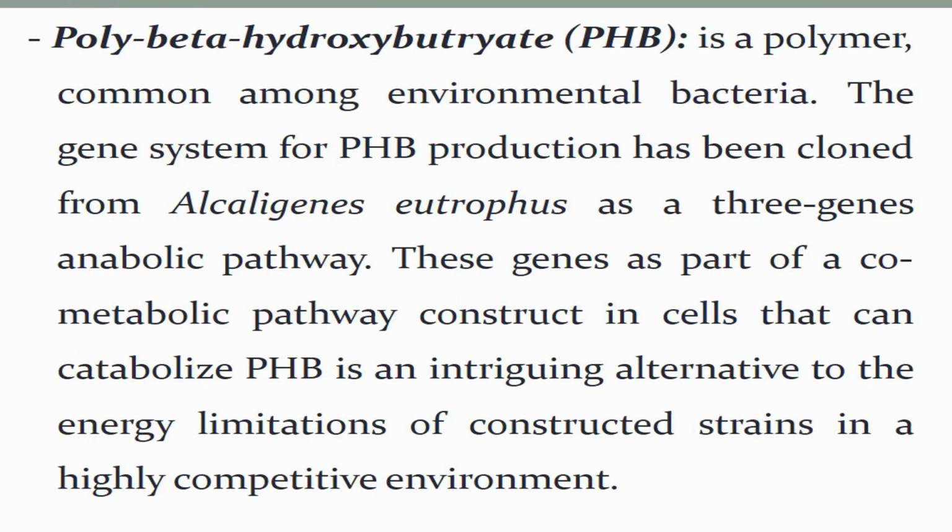The second is called PHB, polybeta hydroxybutyrate. This is a polymer common among environmental bacteria, meaning the bacteria are able to produce this polymer. The gene system for the production of PHB has been cloned from the Alcaligenes bacterium. This bacterium is able to produce PHB through a 3 gene anabolic pathway.